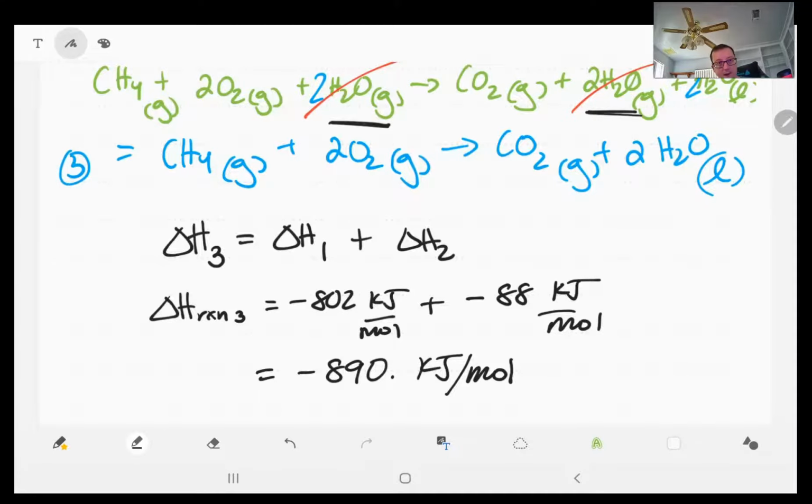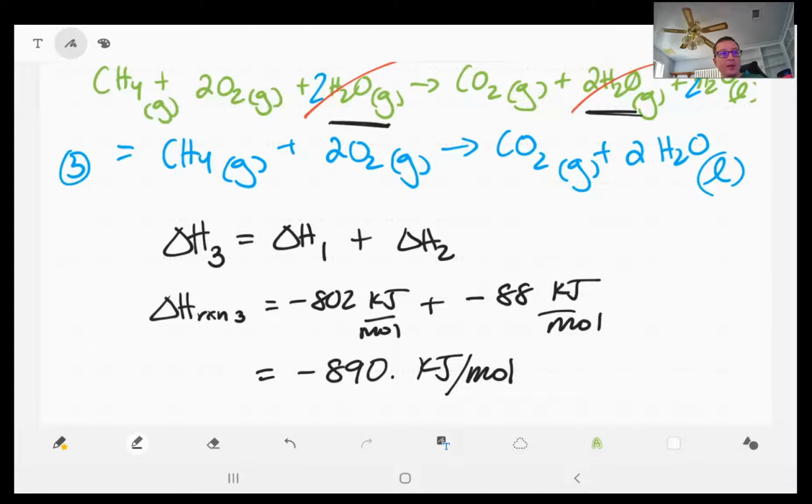So, ta-da, we've done it. So without actually having to do an experiment, we can figure out what the delta H for this would be, theoretically speaking. By using reactions we already know the delta H of, or have figured out before, or something else.